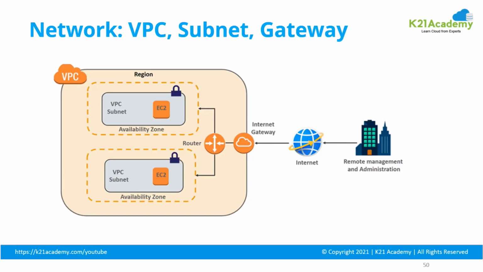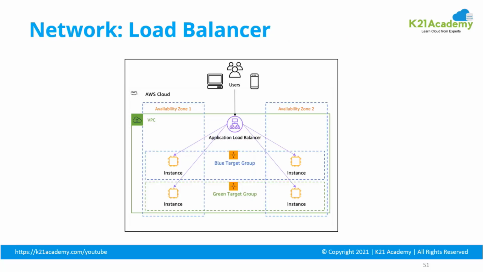So this is your internet gateway and routers. You also have load balancers under networking, and the role of a network load balancer is to distribute or balance the load across different servers running under different availability zones, within a zone or across availability zones.